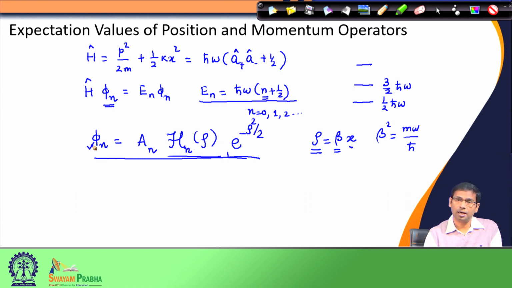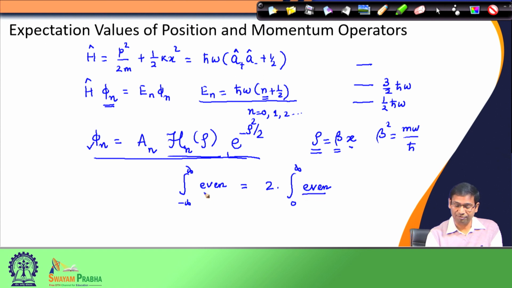So what are the advantages or disadvantages? What are the advantages of having this definite parity? If we have an even function, suppose we want to integrate an even function from minus infinite to plus infinite, I simply can write this integral as 2 times the same function.